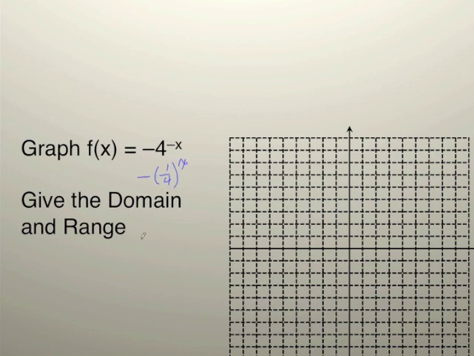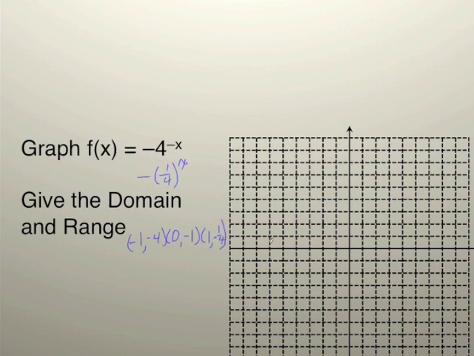And this negative will change, instead of -1, 4, it will be -1, -4. Instead of 0, 1, it will be 0, -1, because of this negative out here. And instead of 1, 1/4, it will be 1, -1/4.